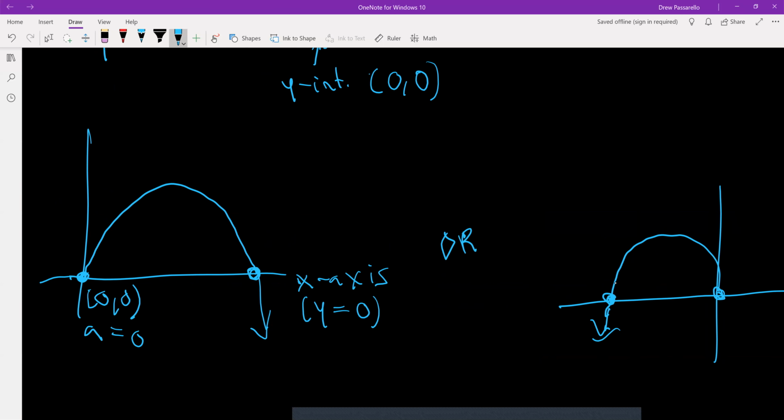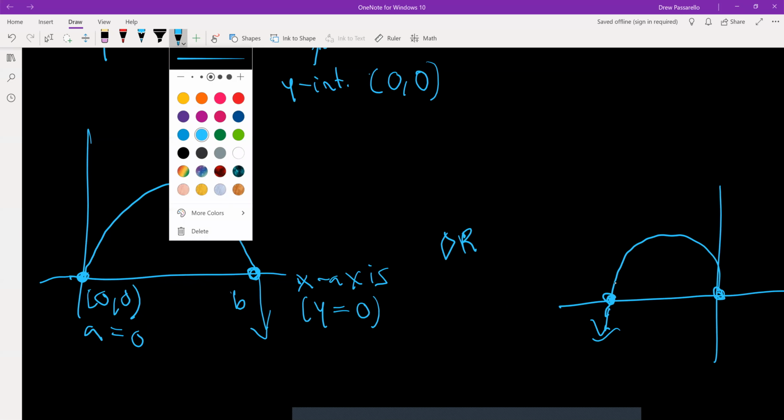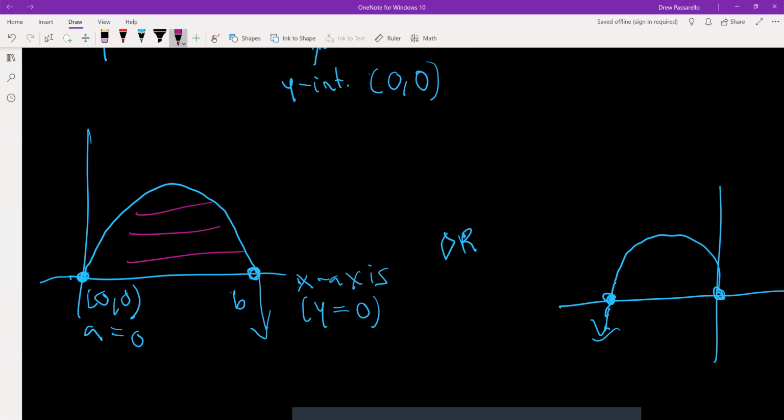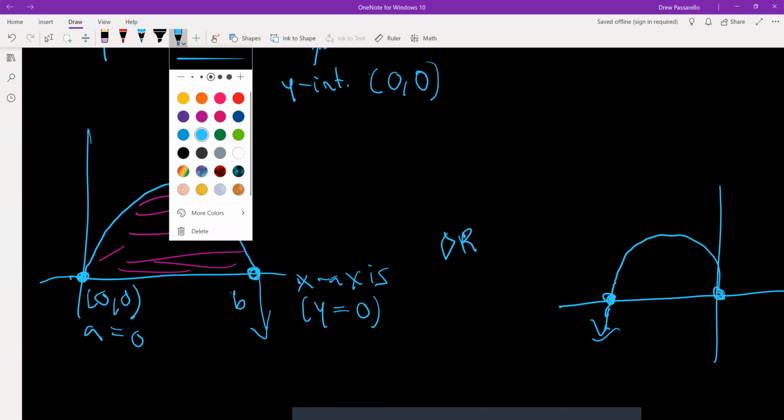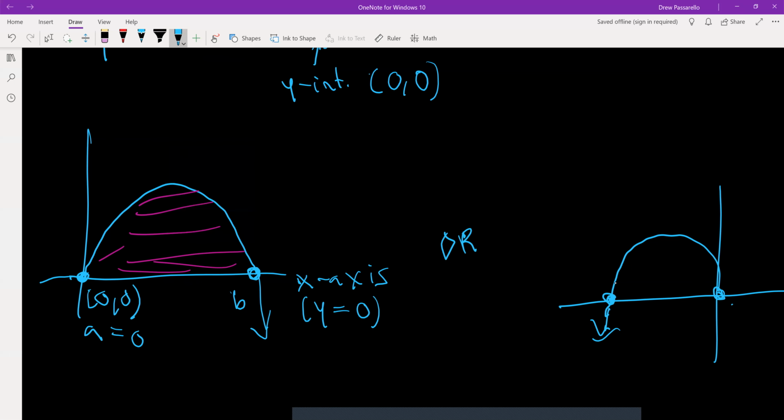And then I need to find where it hits the x-axis at the second point. That's going to be my stopping point for integrating to find the area, and that's going to be B. Or we could have our 0, 0 be B, and then A could be a negative value on the x-axis.